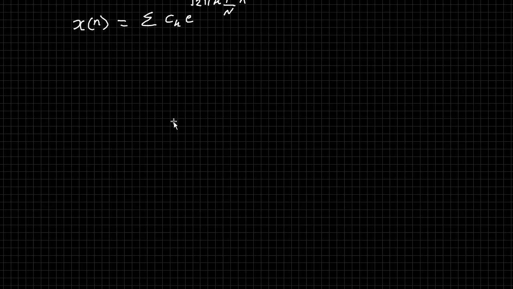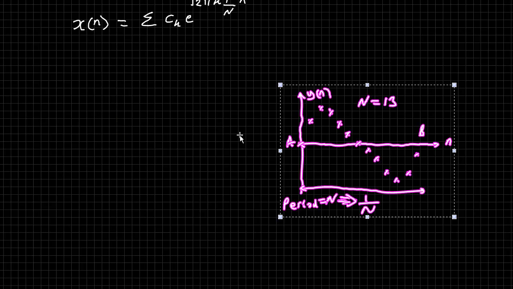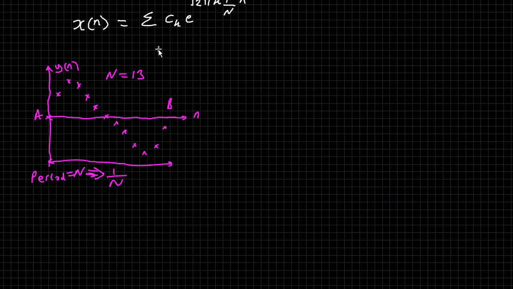So let's take a copy of the discrete plot that we did earlier on and consider the case where we look at the harmonics and how many samples it takes to represent those harmonics. So let's get the plot, paste it, and move it across. And we have the points A to B. This represents our fundamental frequency.